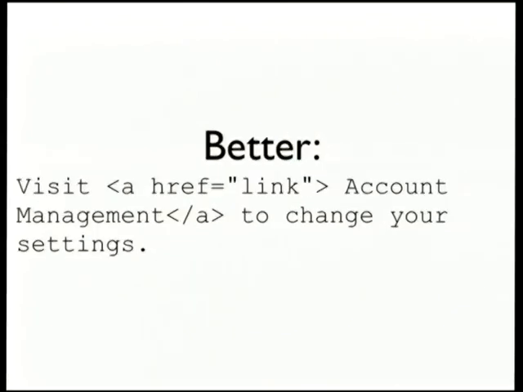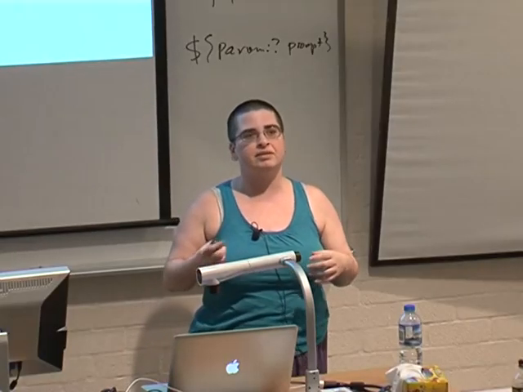If you're specifically trying to tell people, go here to change your settings, a lot of times the temptation that I've seen tends to be visit account management, link, to change your settings, end link. That would also work. It's not really preferred because in this case you are linking to the account management page, so you want to make the link account management.